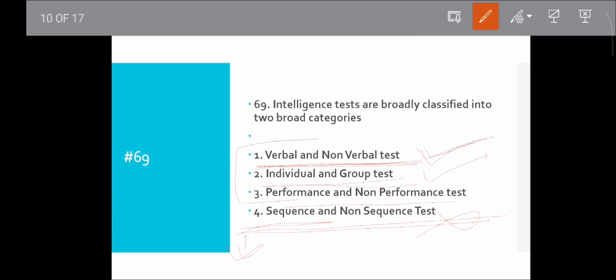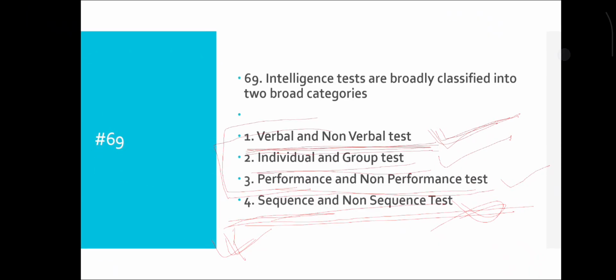Then performance and non-performance test is also a category of intelligence test. So these three are also correct answers, but option 1 sounds very right. So here is something missing, I hope. Okay, move to the next question.